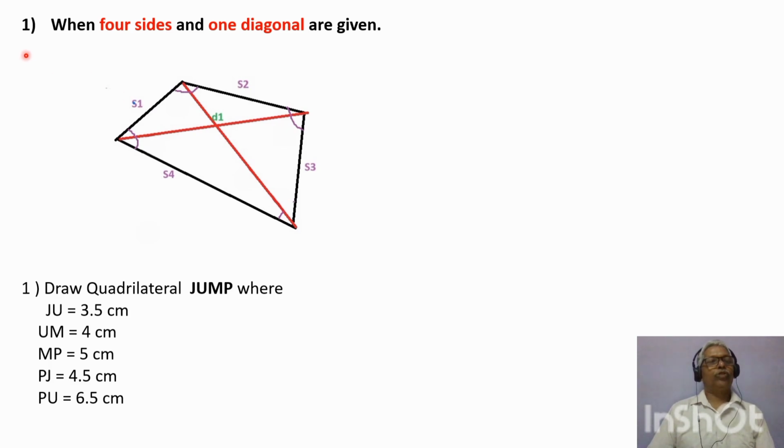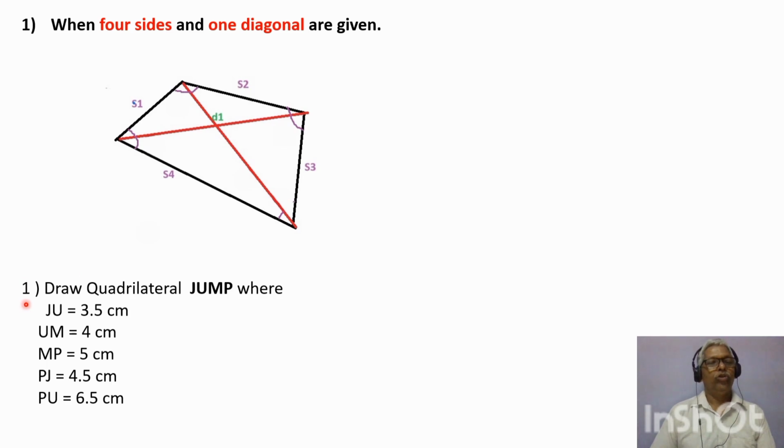The first one out of 5, where 4 sides and 1 diagonal are given. Look at this quadrilateral with sides S1, S2, S3, S4 and a diagonal, any one diagonal, take D1, D1 is given.